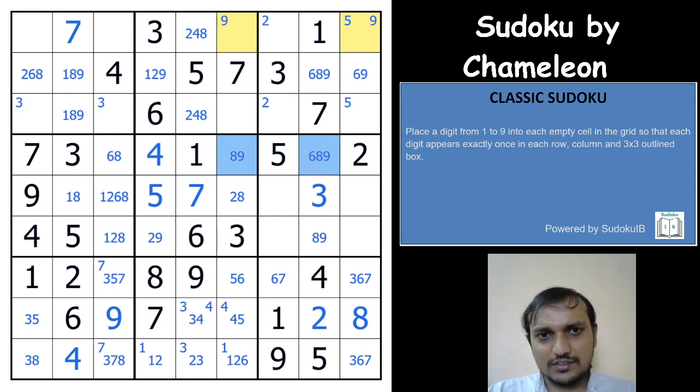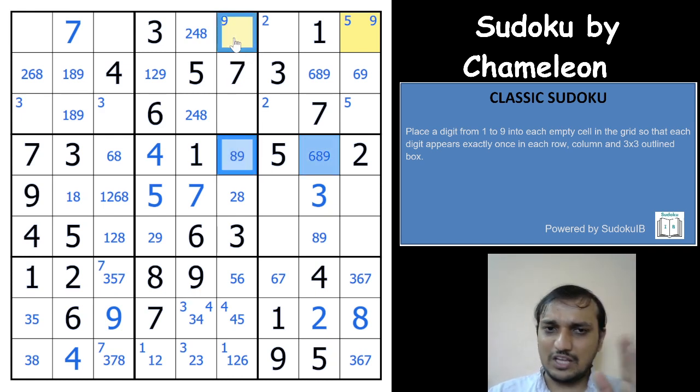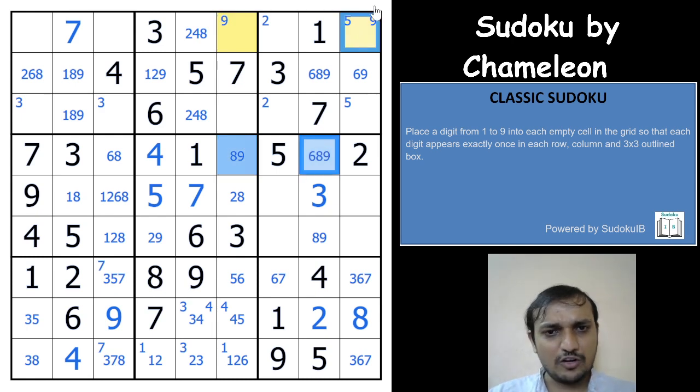Whenever you have a case that in two rows or columns you have a possibility of a number in two cells, and another row you have again the possibility of that number in two cells, but out of which in both these rows one cell is in the same column and the other cell is in a different column, then what happens here is, if I have a 9 here, both of these get eliminated for 9 and both of these become 9.